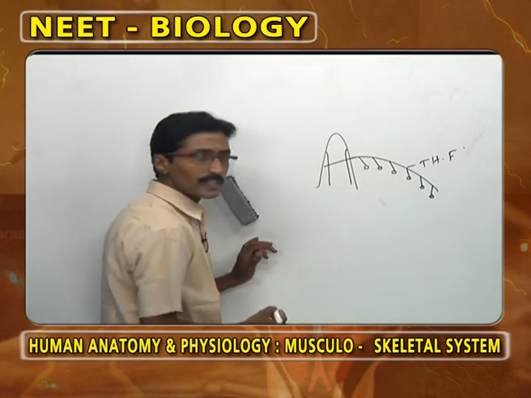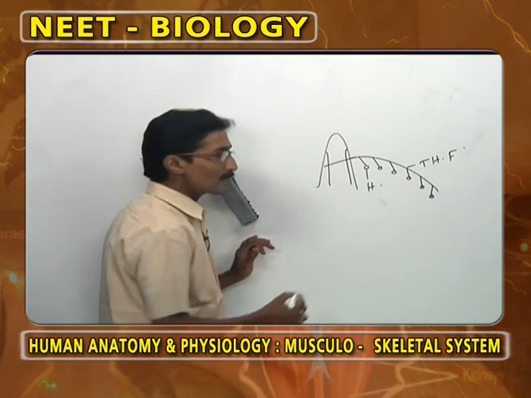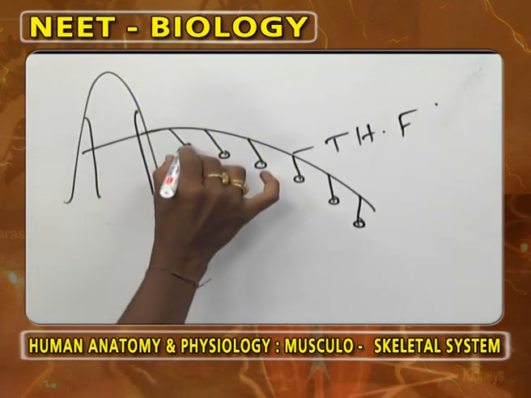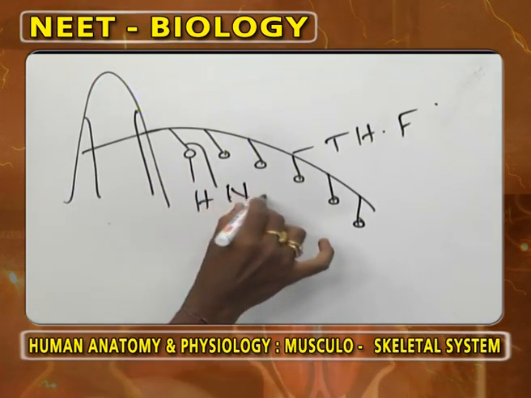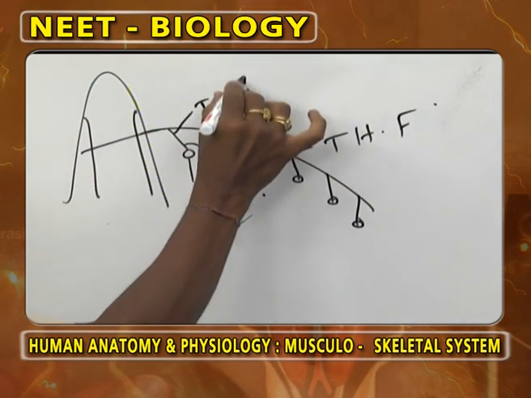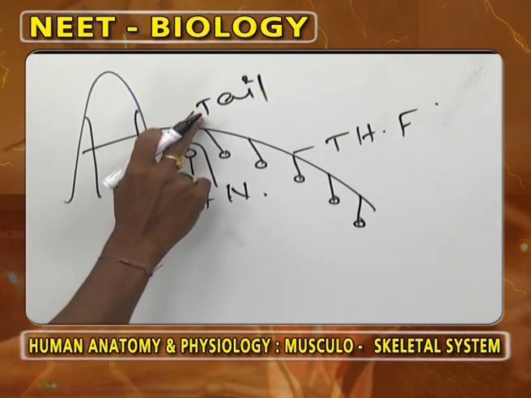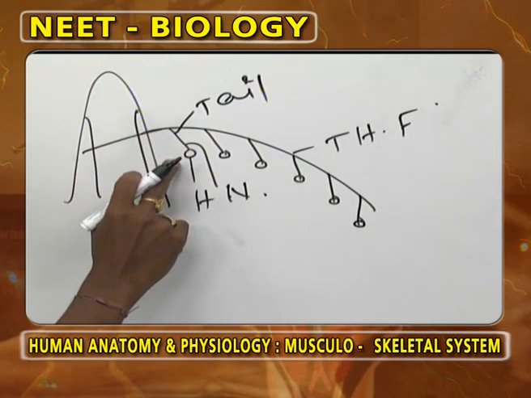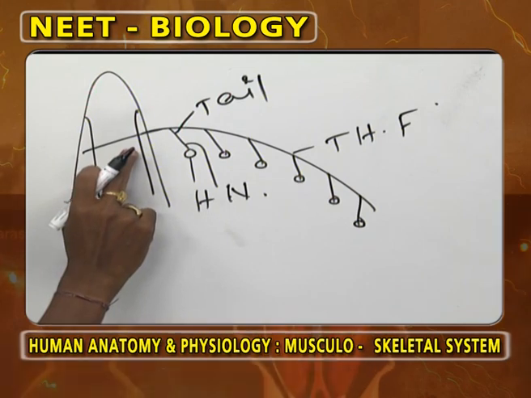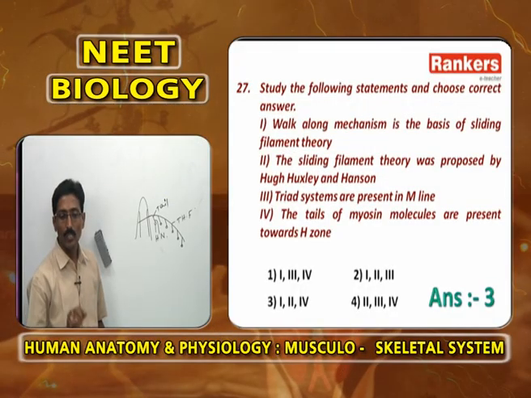Now this one we call the head of the myosin molecule, this one the neck, and this one the tail of the myosin molecule. Now you observe the diagram. The tail of the myosin molecule is towards the H zone. So the fourth one is correct. Here what is wrong? Only the third statement. We go for the next question.